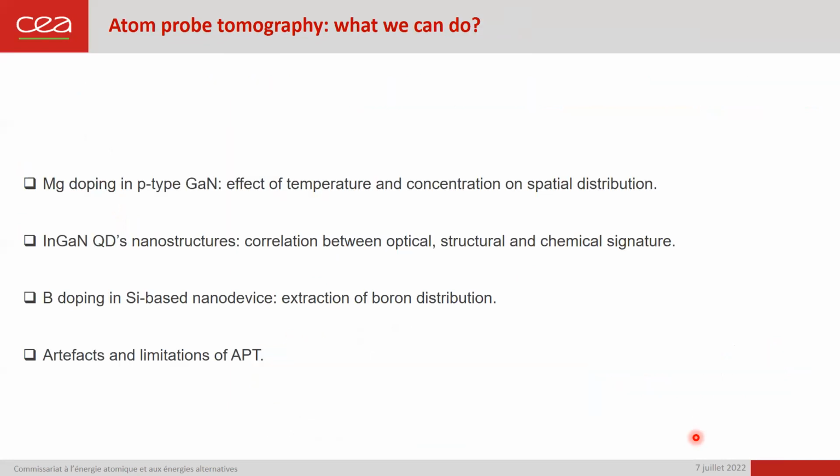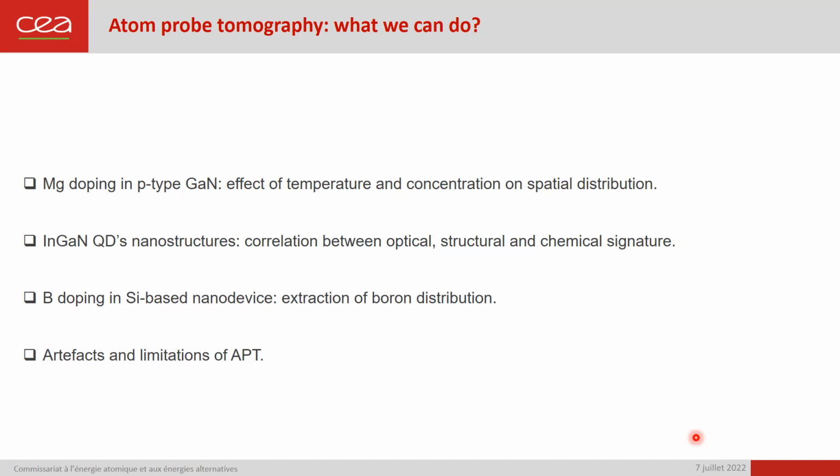So for the rest of the presentation, I will show you several examples illustrating APT capabilities for semiconductor investigations. The first one will be magnesium doping in p-type gallium nitride structure with the effect of temperature and concentration on spatial distribution.